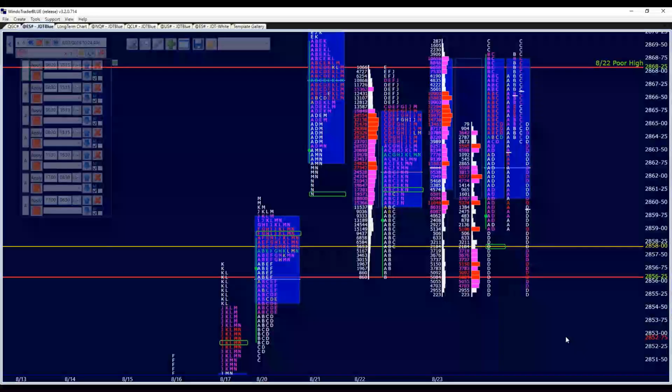We then got up to unchanged, and we didn't point it out at the time, but the market was one tick short of unchanged. It backed off. It went up to one tick above unchanged, backed off again. When that happens, it's not a particularly strong day. We saw some hesitation around the opening. We saw some hesitation at unchanged from the previous day.